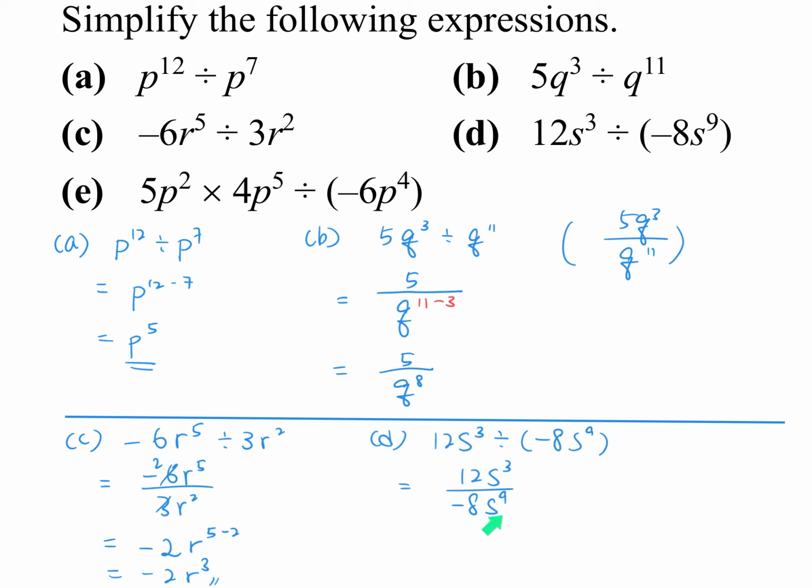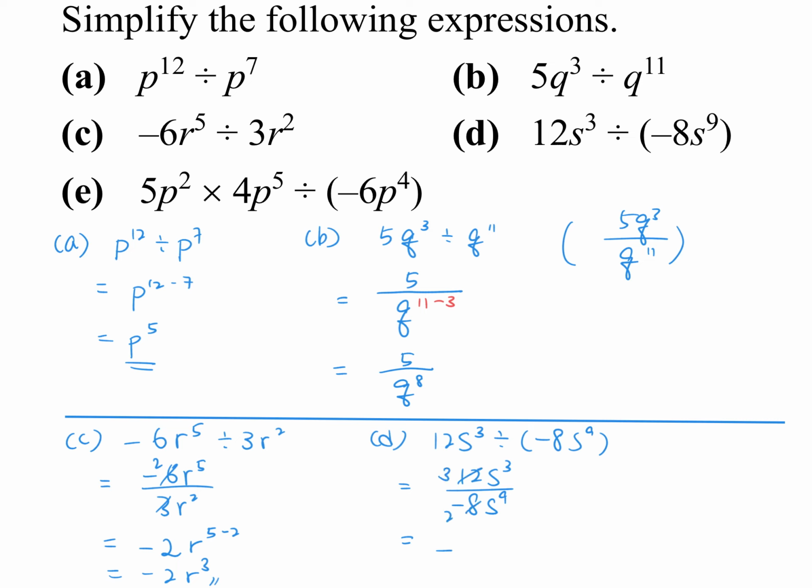Part D, again you can rewrite as a fraction, and you can see for the denominator for s, the index is larger than that of the numerator. That means more s in the denominator. Now let's go. For the numbers, 12 over 8 will be 3 over 2.